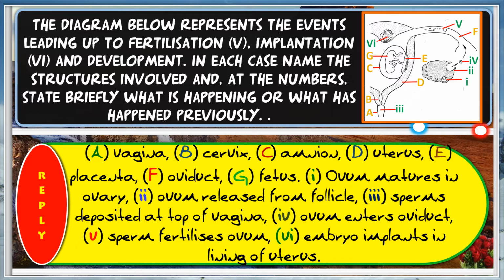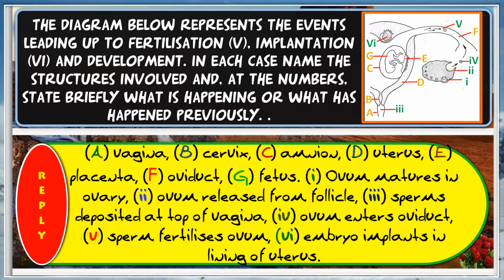Roman number 1. The ovum matures in the ovary. Roman number 2. The ovum released from follicle. Roman number 3. Sperms deposited at the top of vagina.